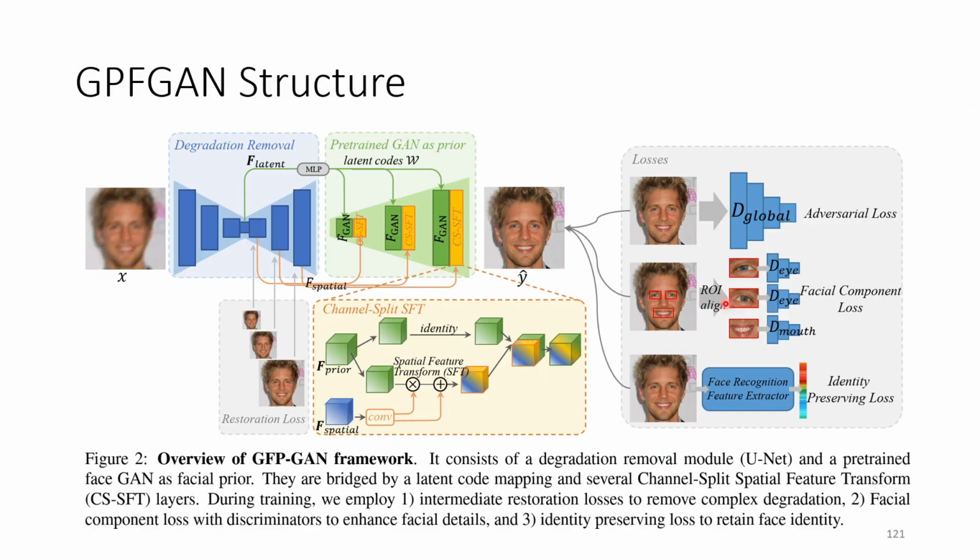Let's take a look. This is again a GAN structure. It means there are at least two neural nets. One is the generator, another is the discriminator. This is the generator part. They have many paired images, meaning low resolution, blurred, noisy images, and high resolution, high quality images.